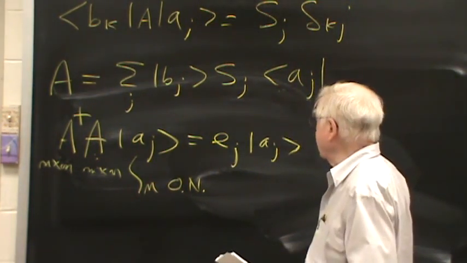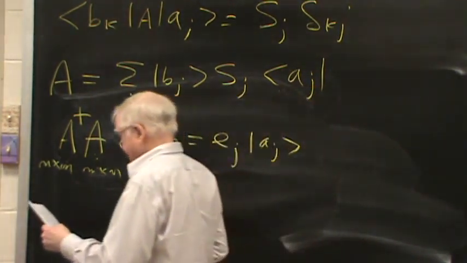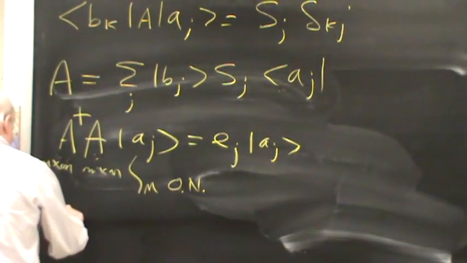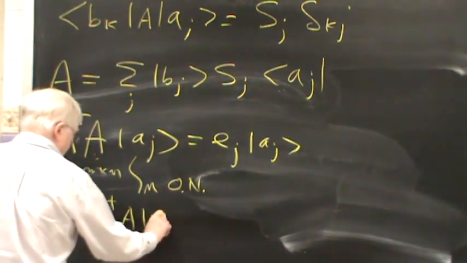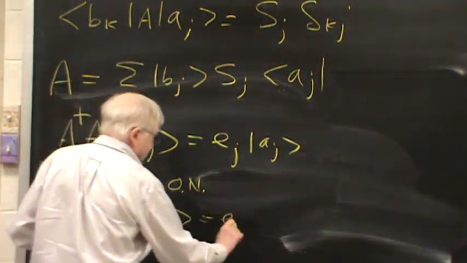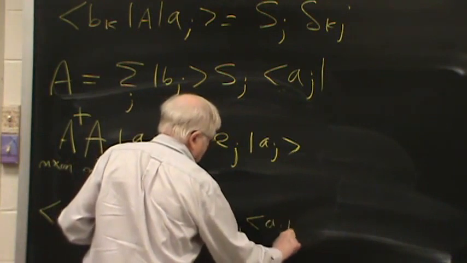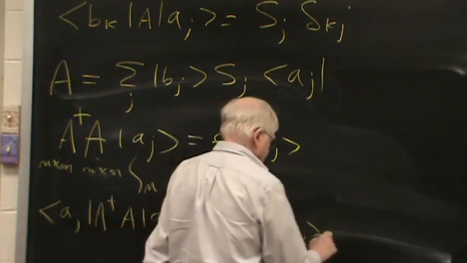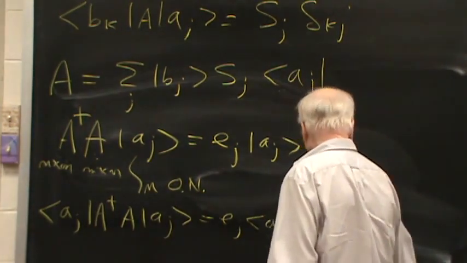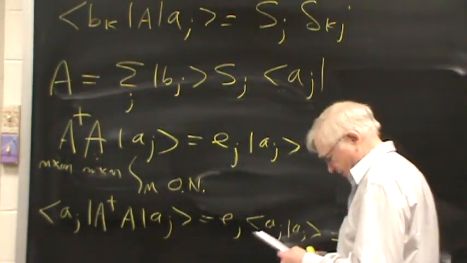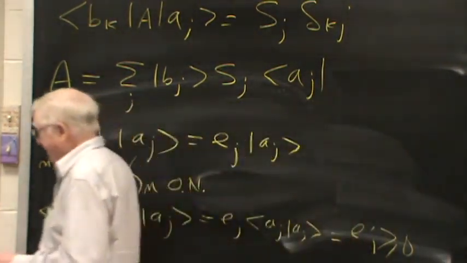Okay, Ej is the squared length of a certain vector and is positive. In other words, it's ⟨aj|A dagger A|aj⟩, well this is Ej ⟨aj|aj⟩. We choose the length of aj to be 1, and so this is Ej. So Ej is obviously greater than or equal to 0. What are the bj's?